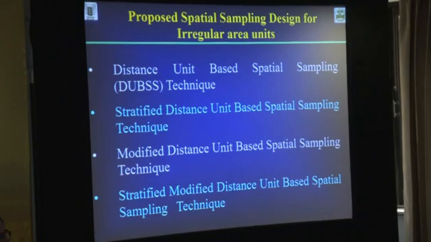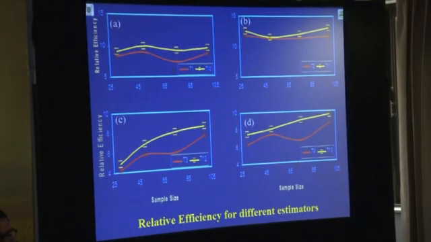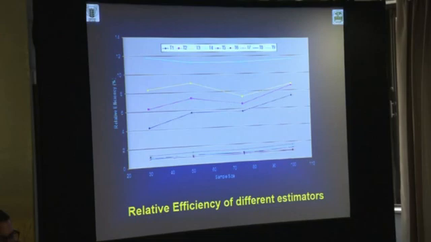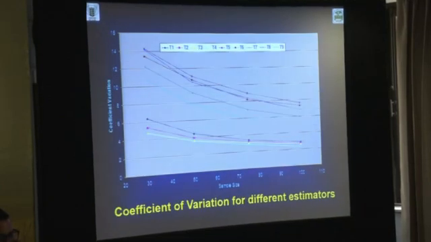And this proved to be better than even CUBS. So this is the graph of the coefficient of variation and relative efficiency of various estimators as compared to other ones.